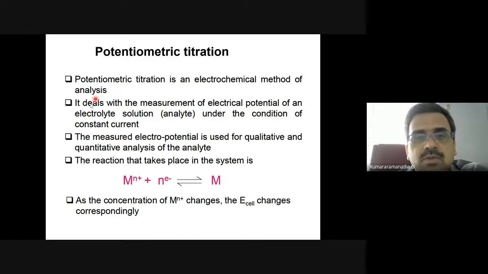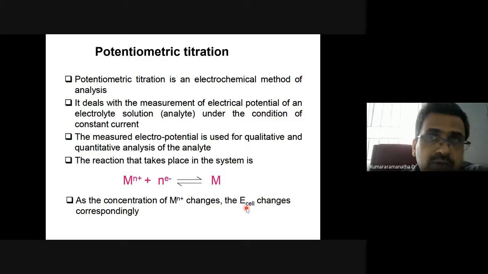Okay, so potentiometric titration, you are already aware it's an electrochemical method, where there is a change in potential with respect to the change of ions. When you have ions with electrons being transferred, they can be reduced or oxidized accordingly.